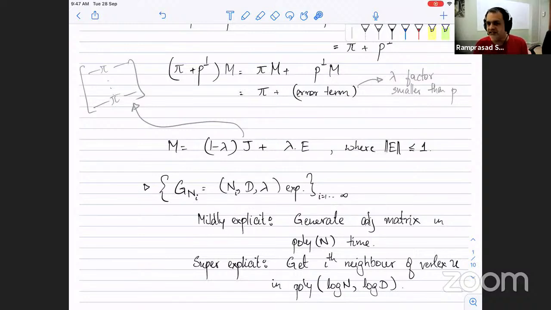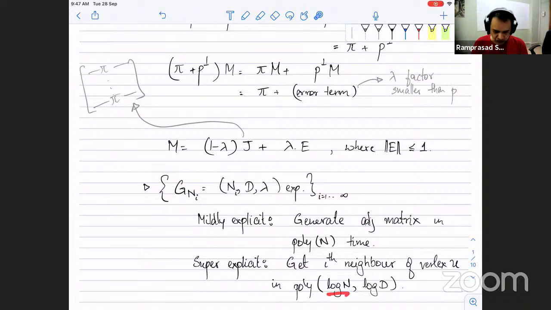But maybe I don't care about the graph in its entirety. All I want is the following. If I give you a vertex u and I ask you for, let's say, the 7th neighbor, can you tell me what the 7th neighbor is in polynomial time in the description of my input? My input only consists of a label for a vertex and a label for which neighbor I'm interested in.